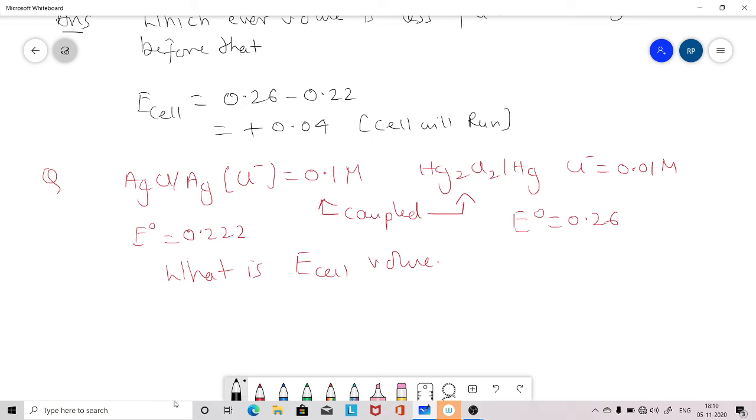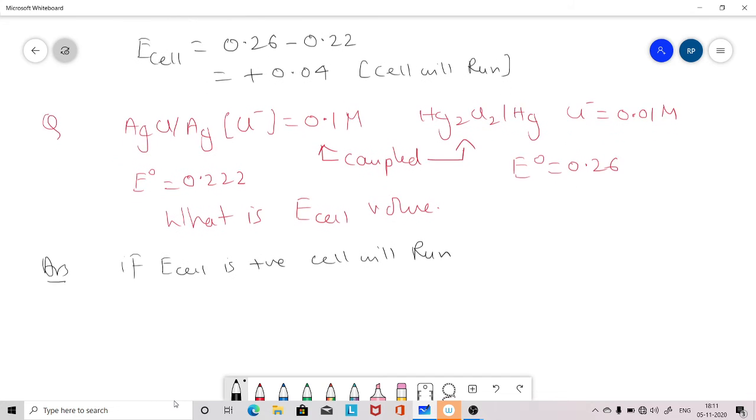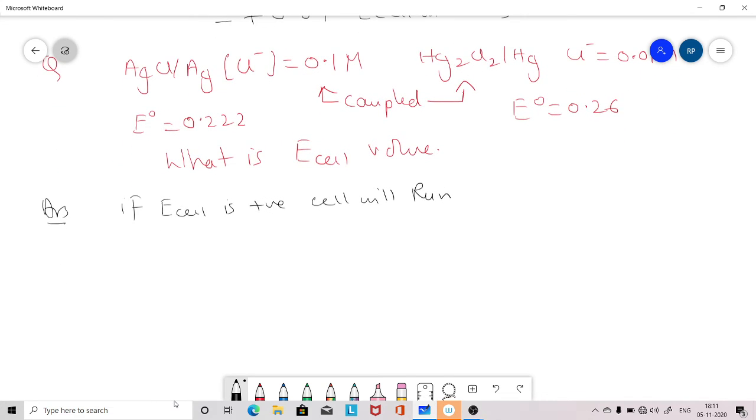Now let's see this. If E cell is positive, the cell will run.